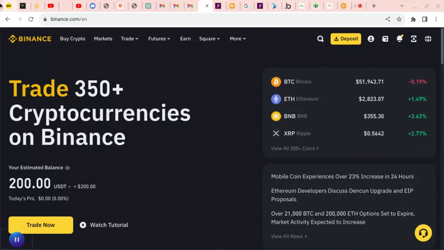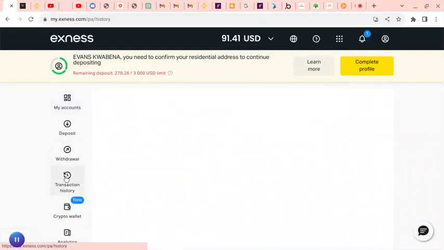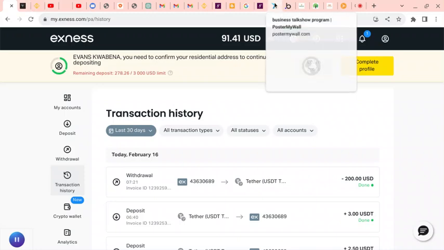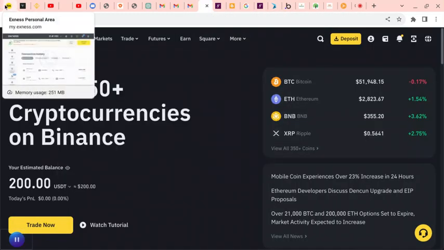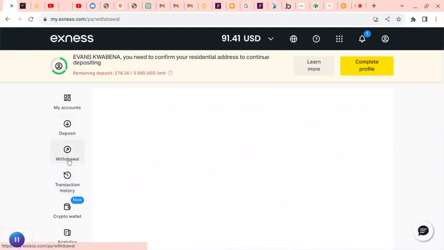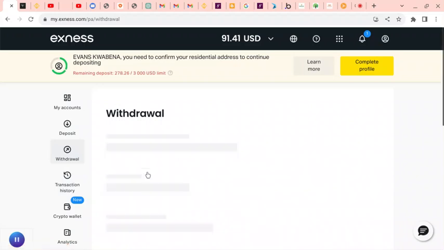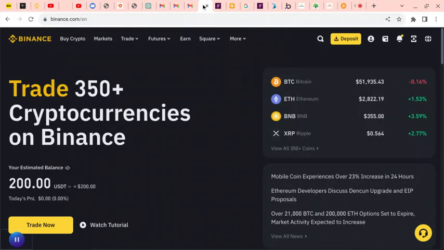So the money was in my Exness account, and I transferred it from the Exness account to my Binance account. The reason is that when I checked the rate at Exness, it was 12.549, which is not cool for me.